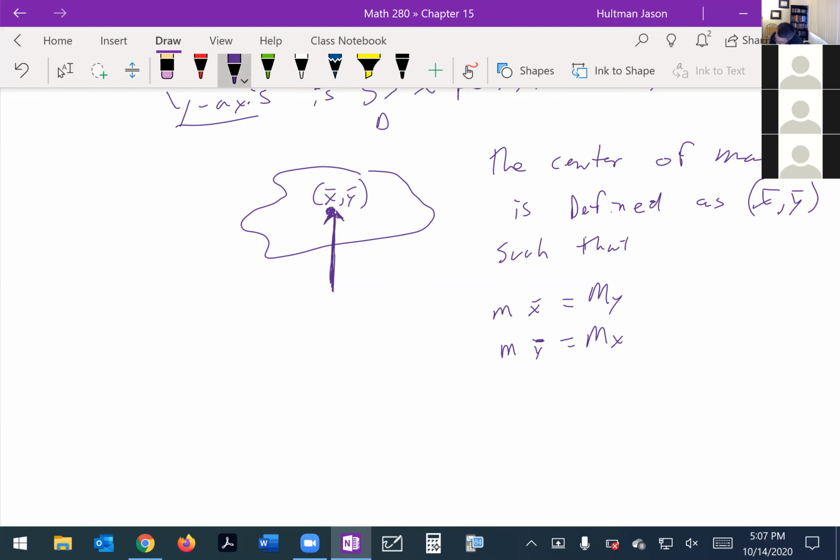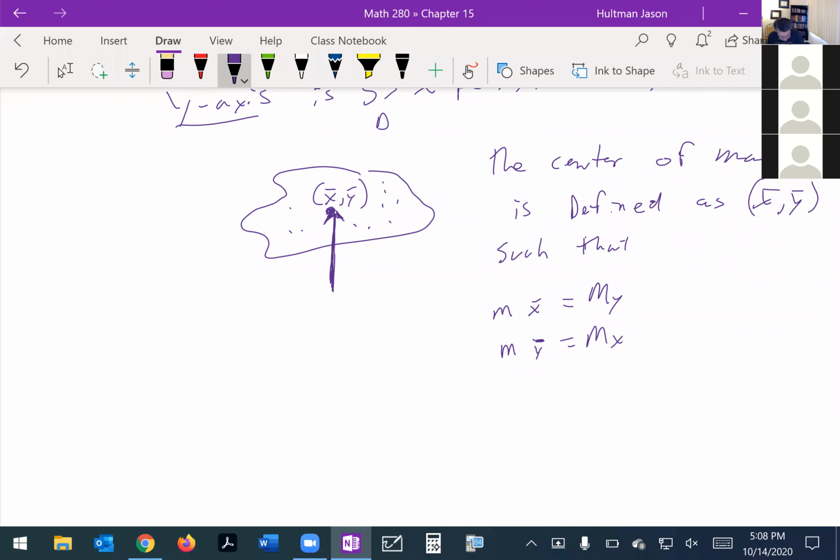Think of this as a point mass. You've got all your mass in this one point, and the mass at x bar and y bar in this one point mass is equivalent to all of the mass of all the other points on this thing, x1, y1, x2, y2. We're equating all of that to the moment of x.